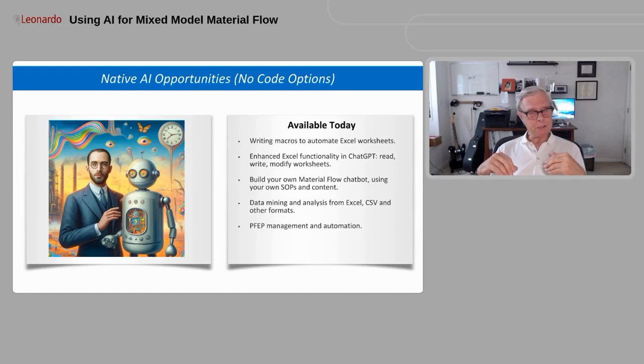Because without being able to do that, when you ask questions about mixed model anything, the answers are going to be based on whatever the AI was trained in originally. And who knows if they were trained in our particular methodology? Probably not. So this allows us to get over that and actually train and develop a custom chatbot.